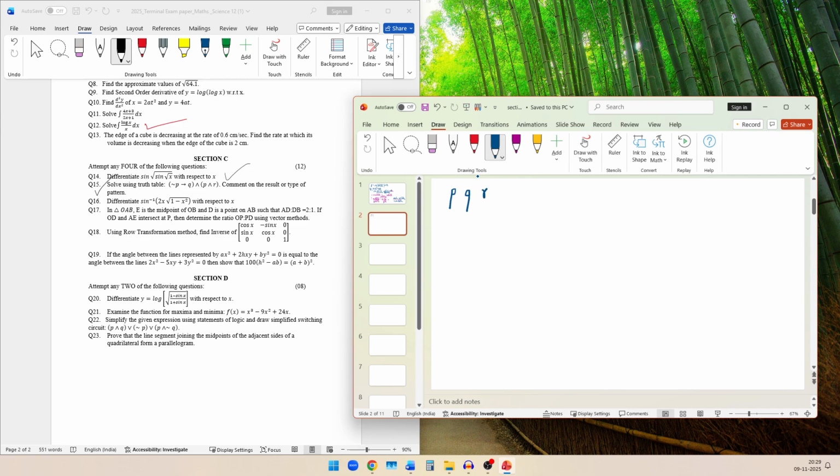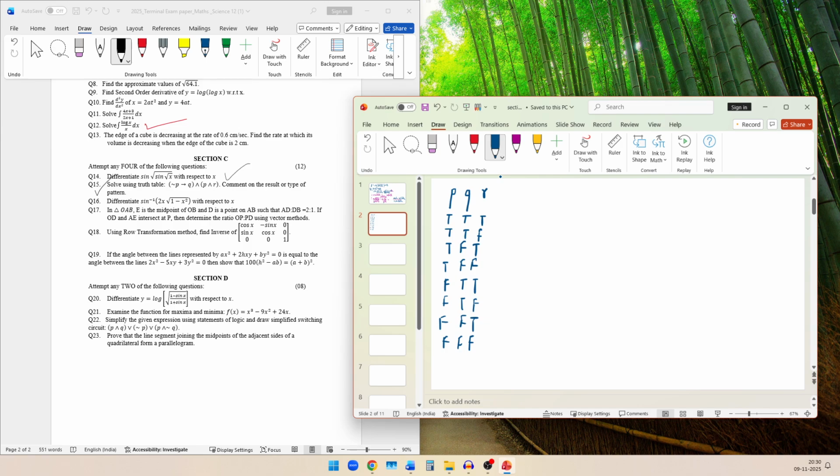So let's start. PQR, it should be TTT, TTF, TFT, TFF. Next is FTT, FTF, FFT, and finally FFF.